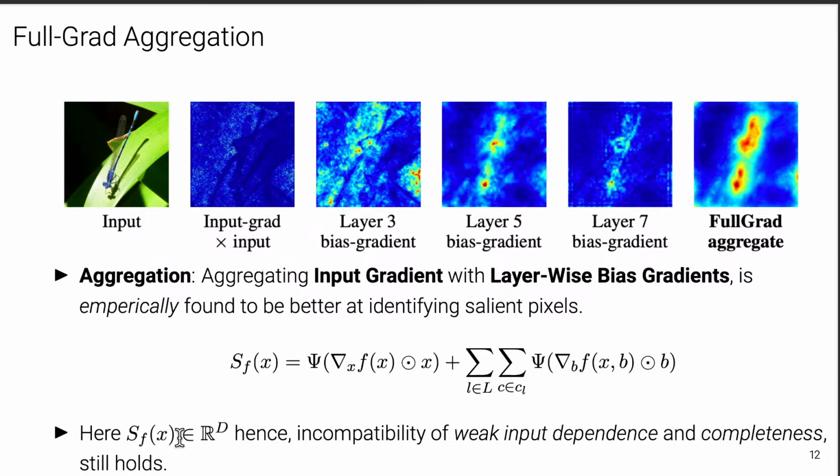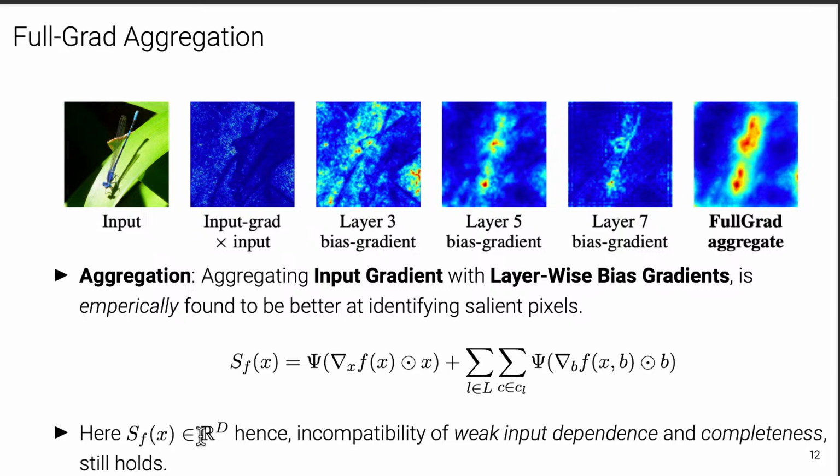For example, they have a digit reconstruction where this would no longer be satisfied, because we have this impossibility result. We cannot satisfy both weak input dependence and completeness.